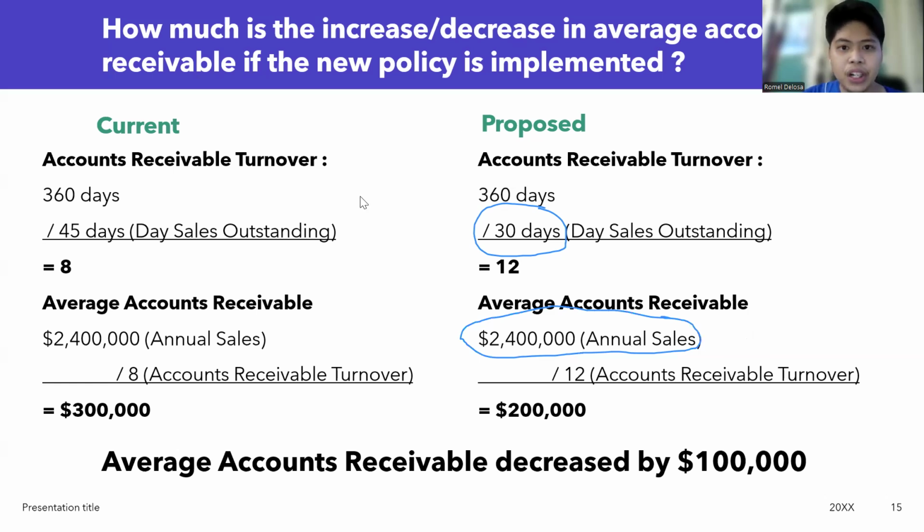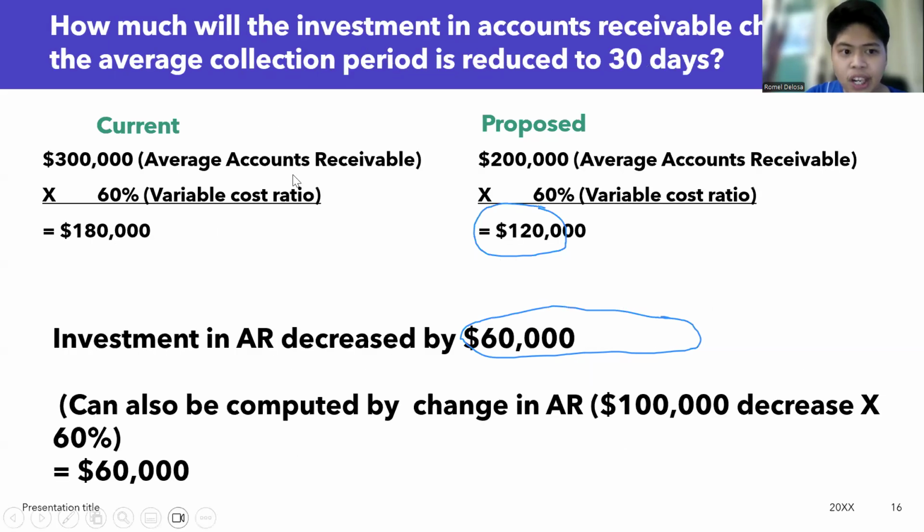Okay? So, what have we discussed? We discussed that, number 1, average AR and investment in accounts receivable are different things, different terms. So, I gave you an idea on how to compute for the average AR and the investment in AR.